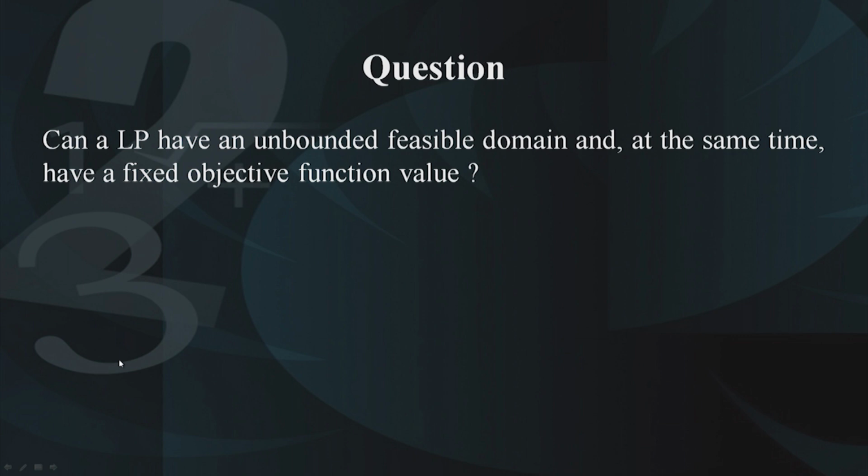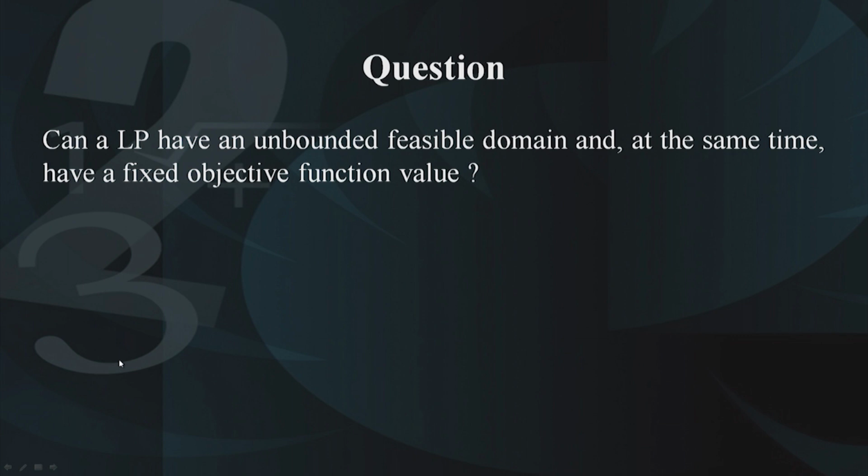So, with this condition now we have a question in front of us, and the question is: is it possible for an LP to have an unbounded feasible domain and at the same time have a fixed or finite objective function value? You can just think about whether it is possible or not, because there are two things.